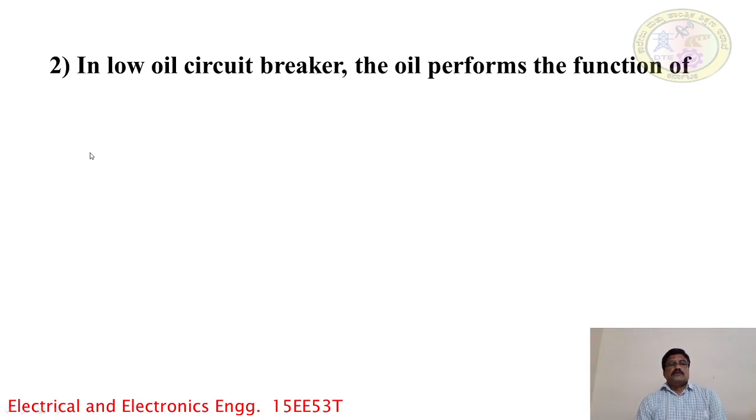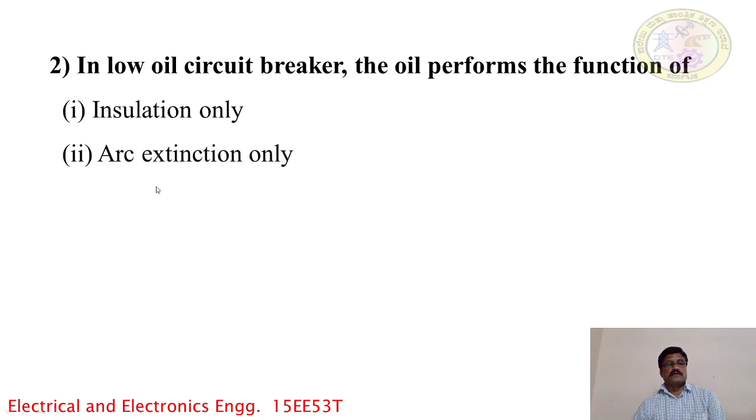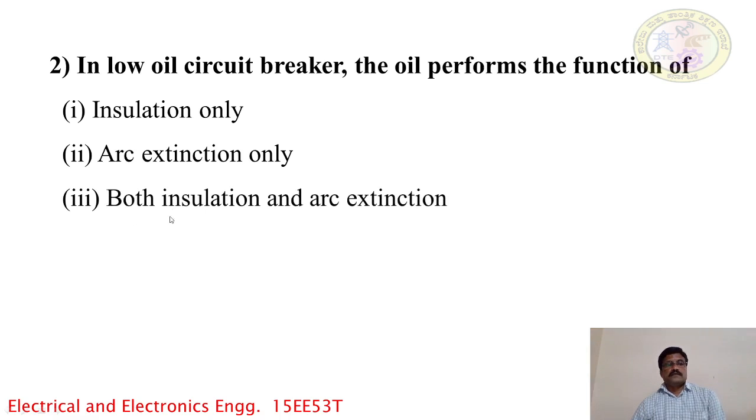Whereas in low oil circuit breaker, the options are: first, insulation only; second, arc extinction only; third, both insulation and arc extinction; and fourth, none of the above.